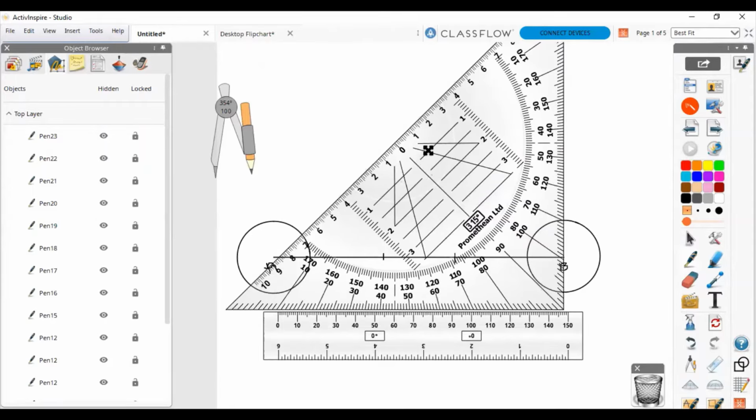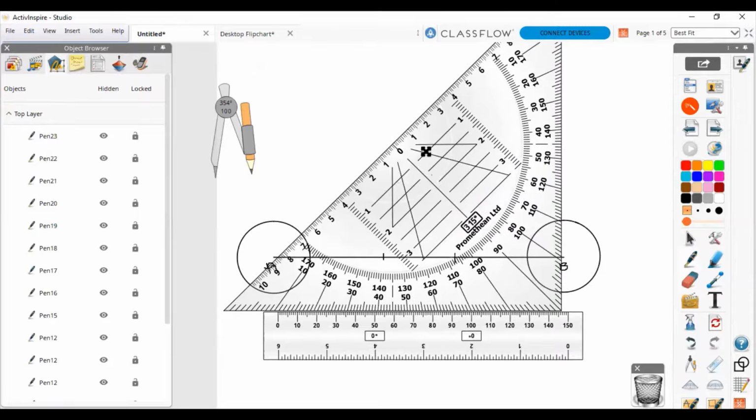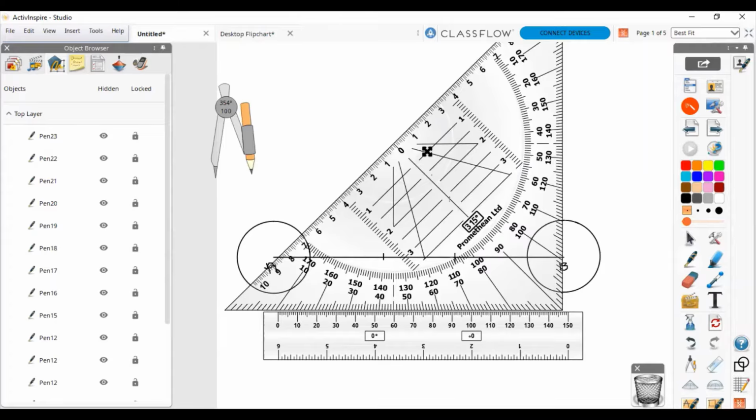Okay, easy. All right. So now I can draw my perpendicular.